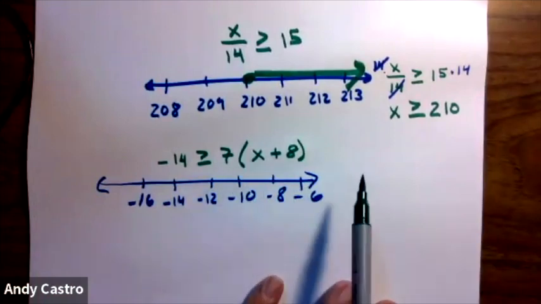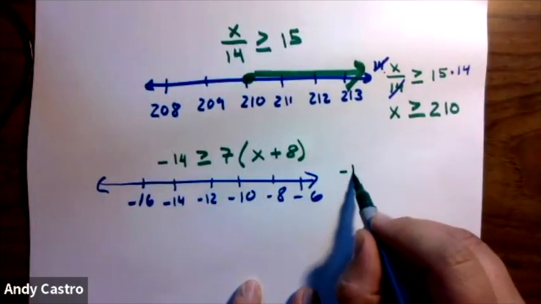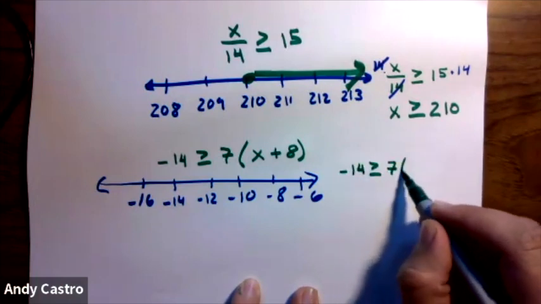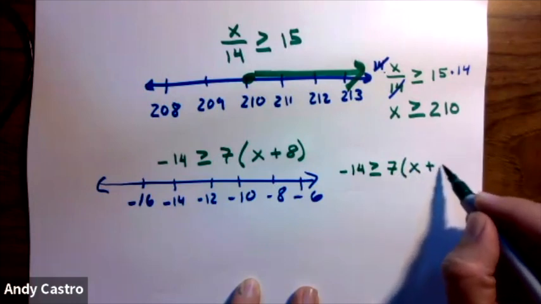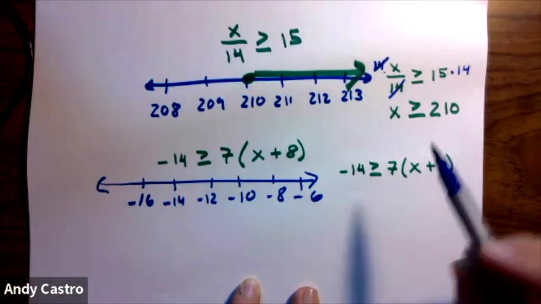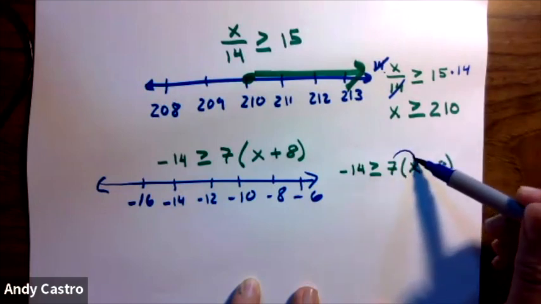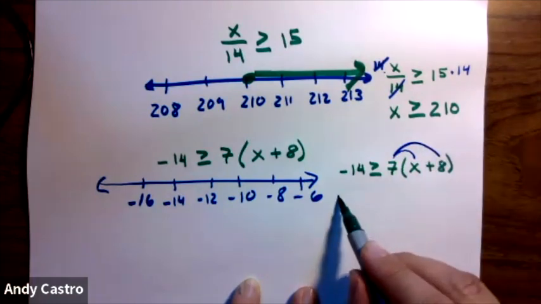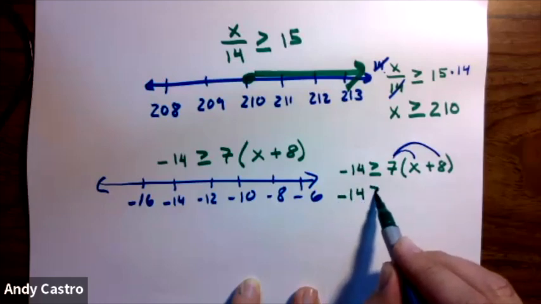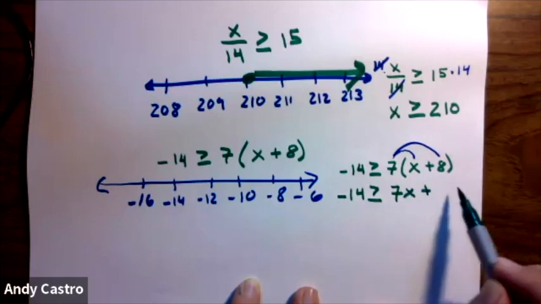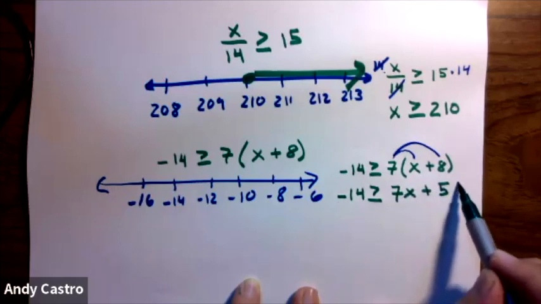So here, what I'm going to do is rewrite my inequality. Negative 14 greater than or equal to 7 times the quantity x plus 8. And here I'm going to solve the inequality. So I'm going to take my 7 and distribute it through. So that gives me negative 14 greater than or equal to 7x plus 56.